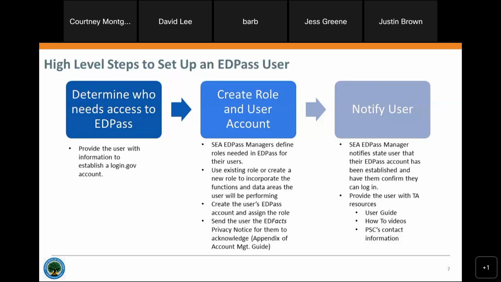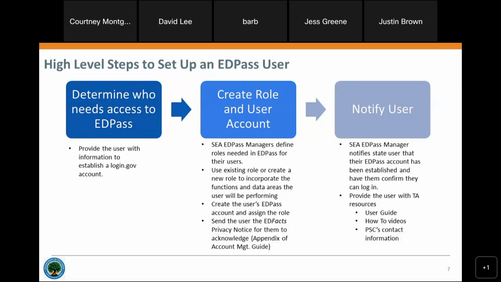We wanted to provide you with a high-level process flowchart of setting up a user in EDPass. This could be helpful with documentation you're creating or just to have on hand in the beginning stages of becoming familiar in EDPass. Once you determine that a staff member needs an EDPass account, you'll want to provide the user with information to establish a login.gov account.